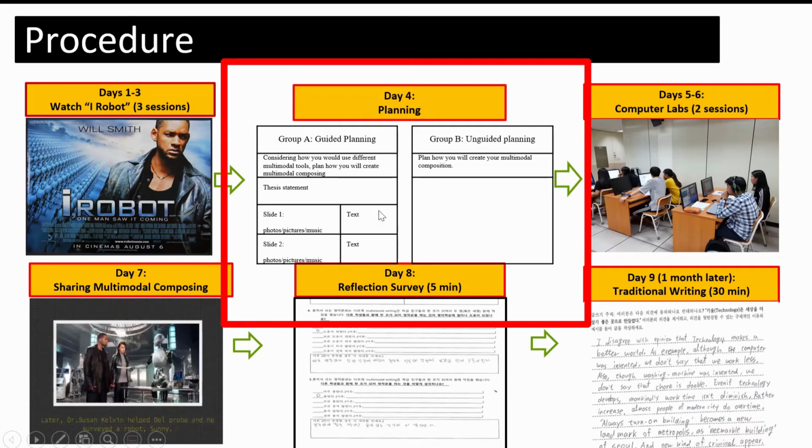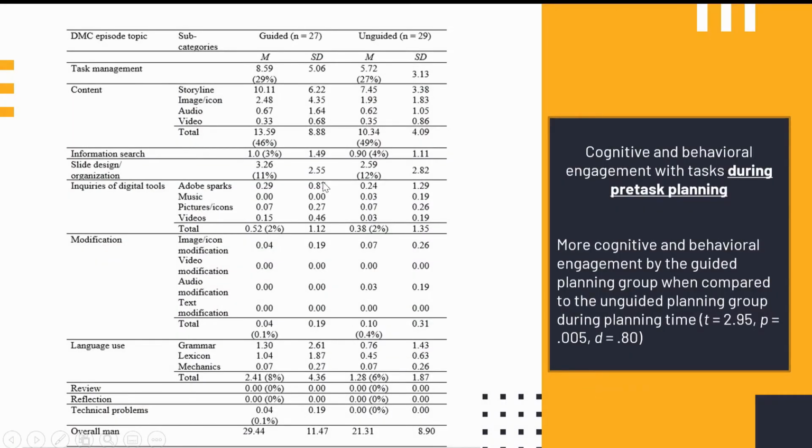So as I mentioned, exactly the same design, but group A had guided, group B had unguided. The result shows the DMC or MMC episodes, with the same coding scheme.